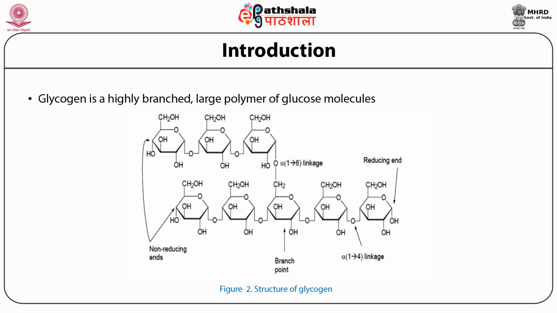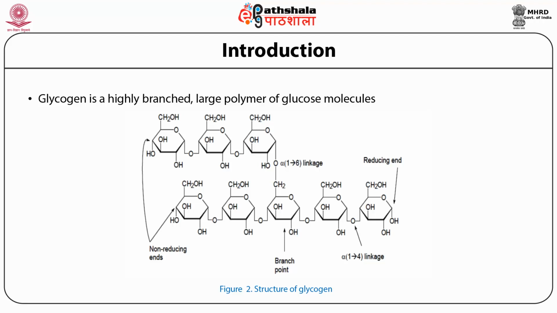The long chain polymer of glucose is achieved by the formation of alpha 1,4 linkage between two subsequent glucose molecules, and when two non-reducing ends of the glucose polymer chain are joined together through an alpha 1,6 linkage, it forms a branching point there.